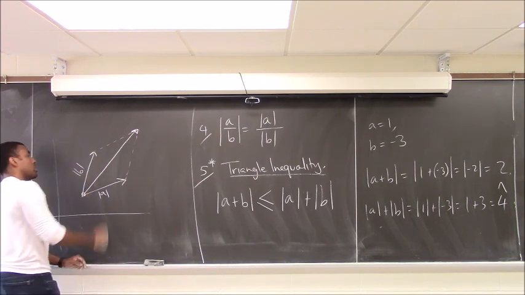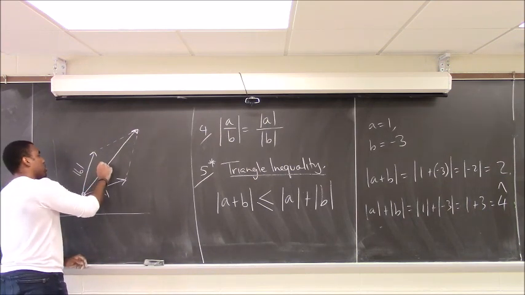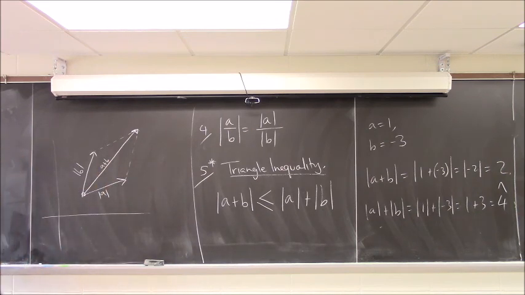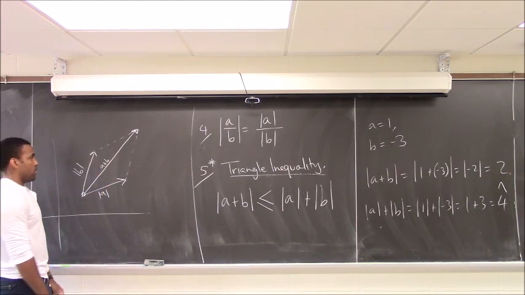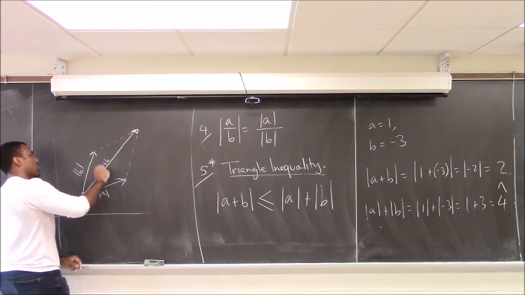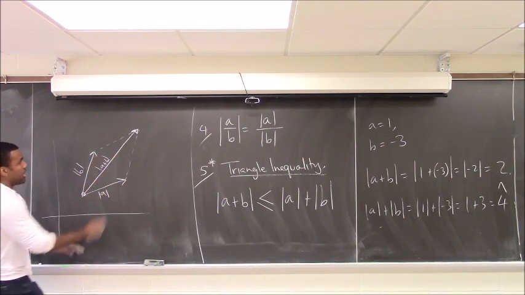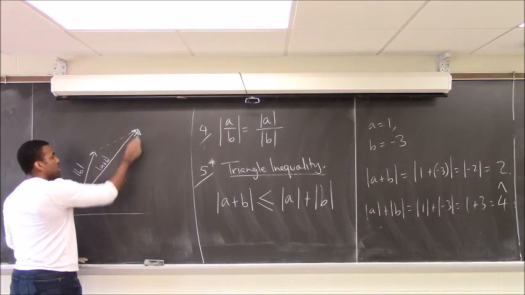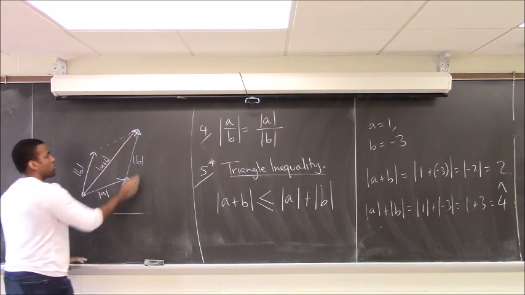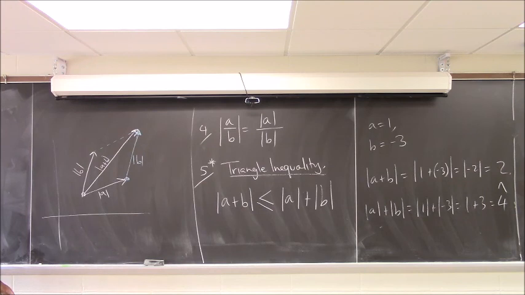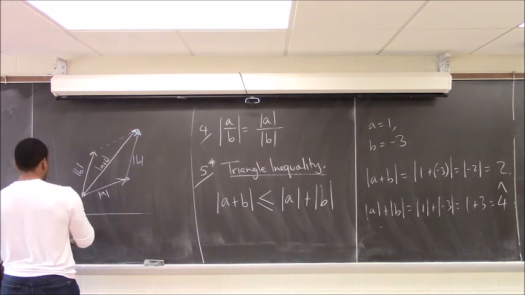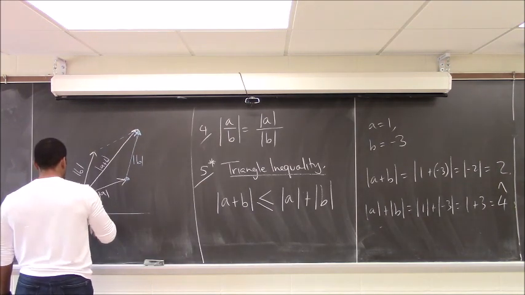Now, with vectors, you can move this one to that side, so notice that I can move the B over here, that's also going to be B. And now you just take the idea that's correct: the shortest distance between two points is a straight line.